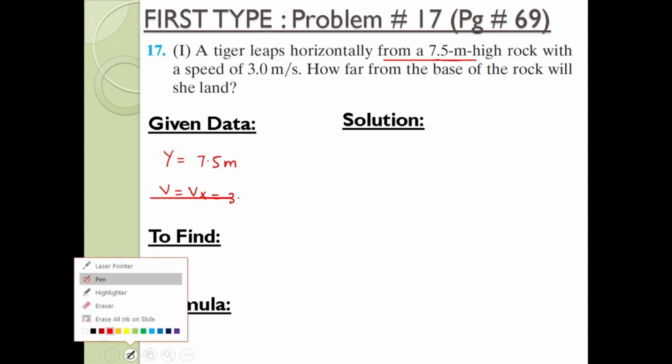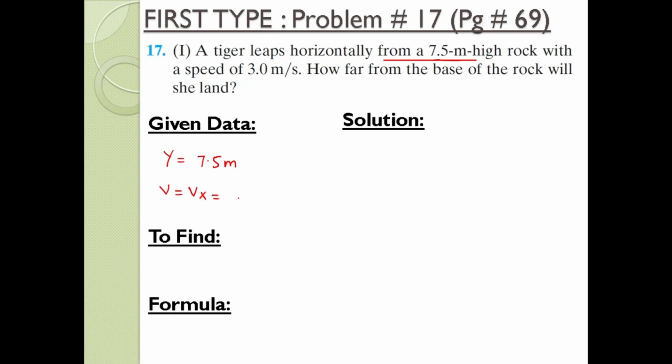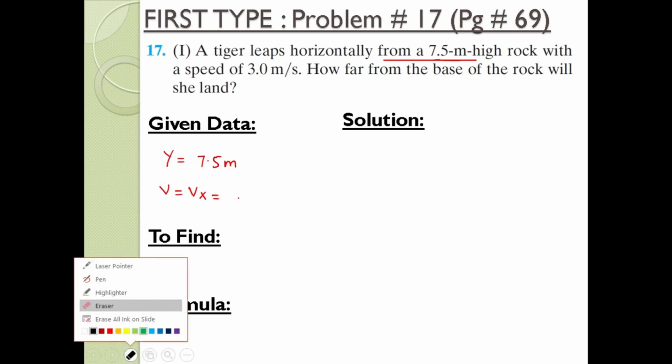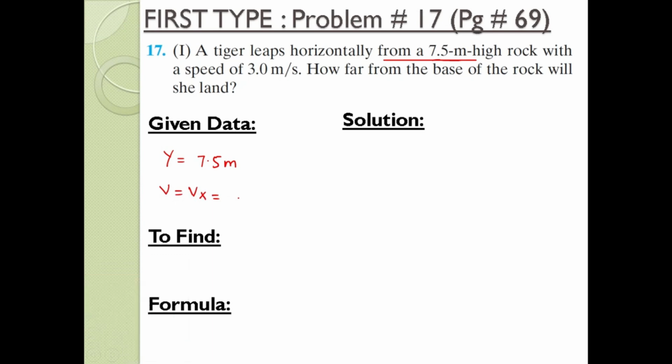So vx is equal to 3.0 meters per second. As it is jumping from a height, it is a type 1 question.